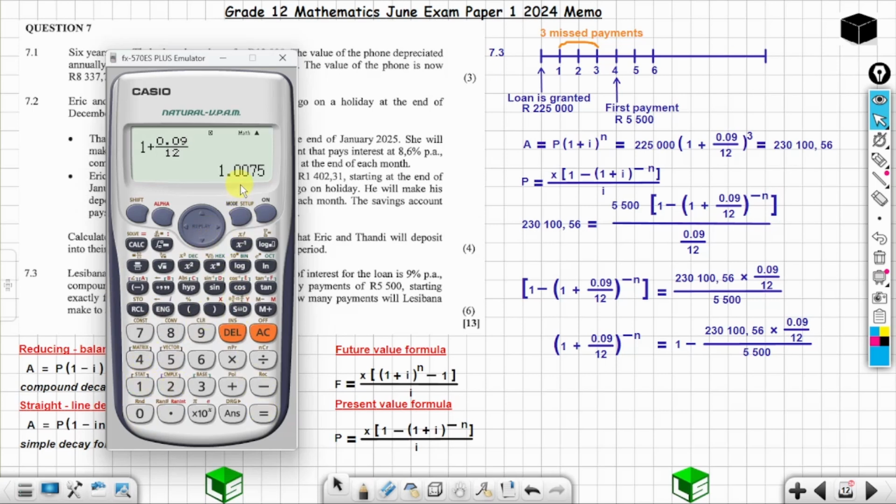Okay, you have this to the power of negative n equal to, on the right side, you have this.